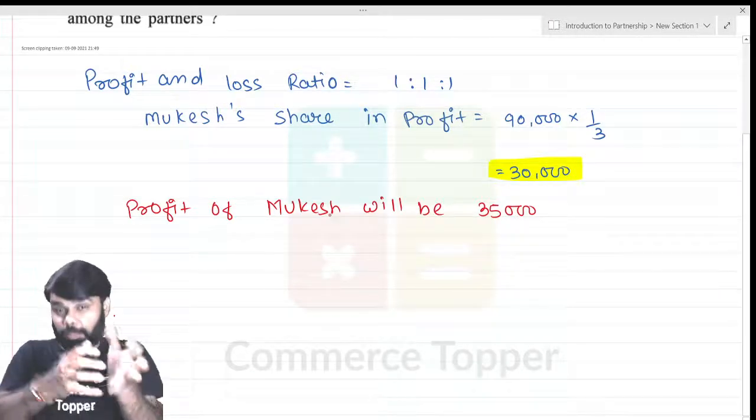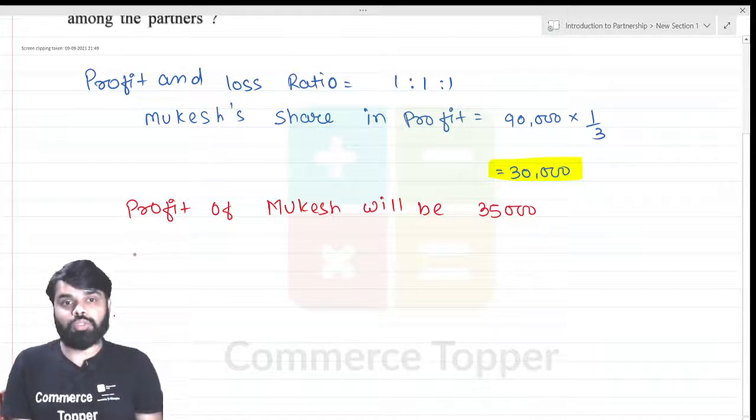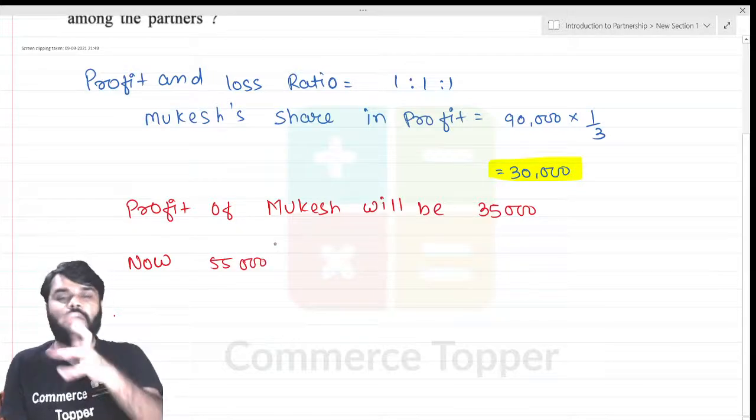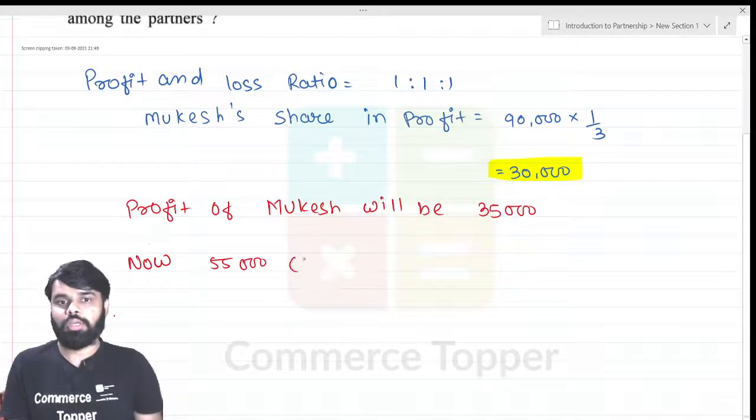90,000. What is the profit of Mukesh? 35,000. So now only 55,000. Acha sir, how did you calculate 55,000? 90,000 minus 35,000.